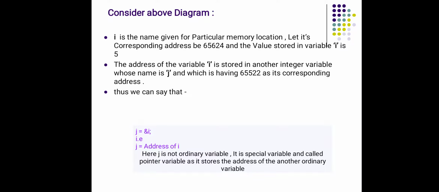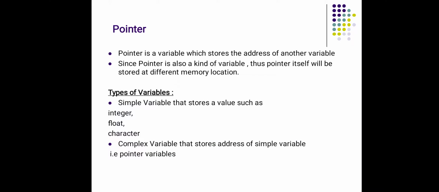Thus we can say that j is equal to the address of I. Here j is not an ordinary variable, it is a special variable called a pointer variable, as it stores the address of another ordinary variable. So the definition of a pointer is a variable which stores the address of another variable.